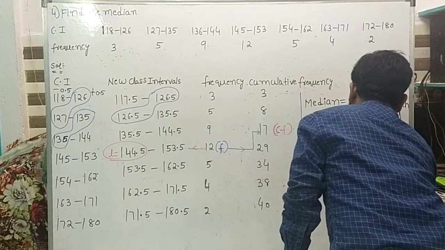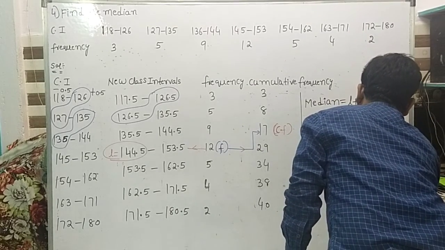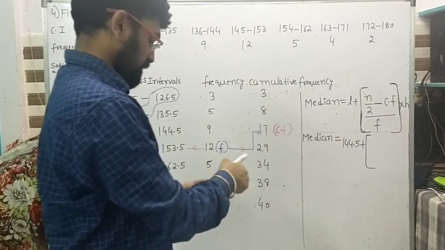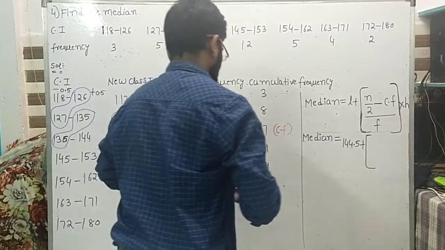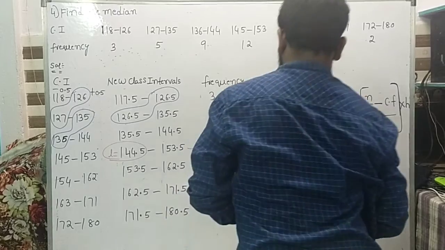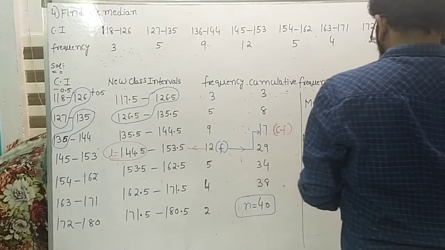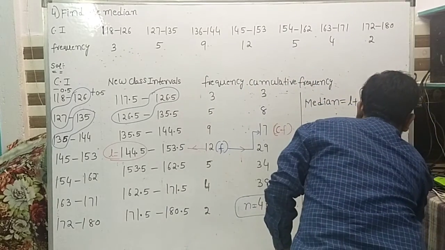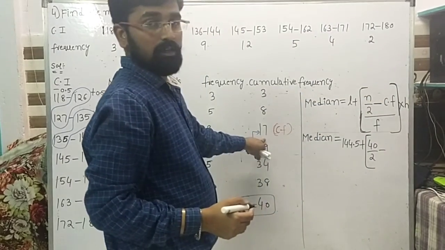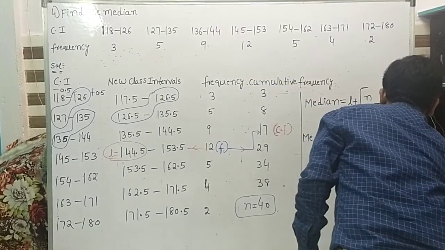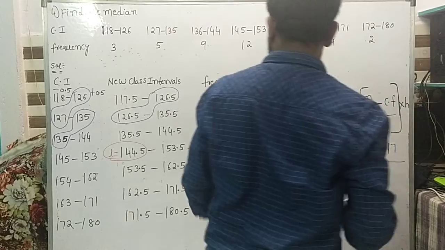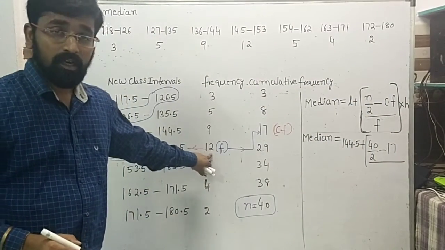L equals 144.5 plus. What is N? The total is called N. N equals 40. So 40 by 2 minus CF. The CF value is 17, by F. F is the highest frequency, which is 12.